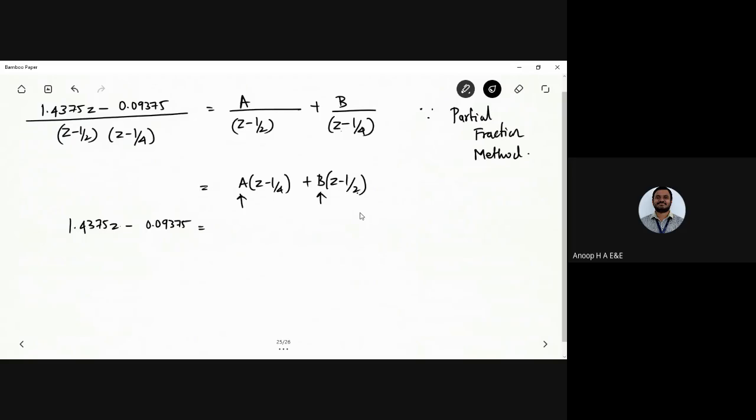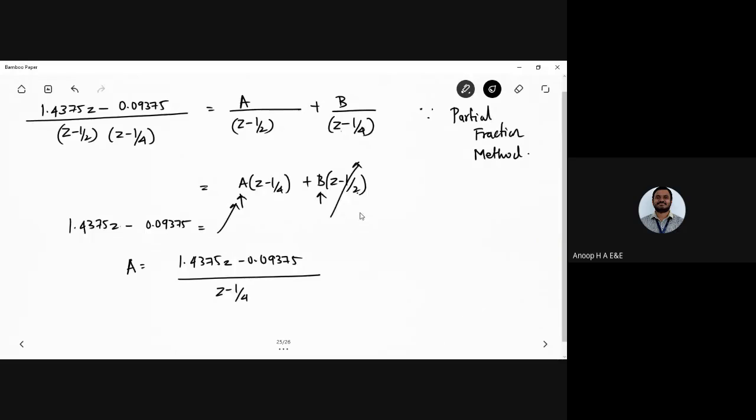How are you going to find A? Take (1.4375z minus 0.09375) divided by (z minus 1 by 4), evaluated at z equals 1 by 2, where the factor z minus 1 by 2 is zero. Can anyone in the class tell me quickly what is A?